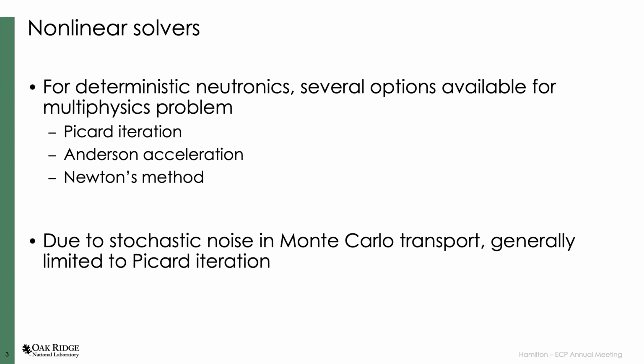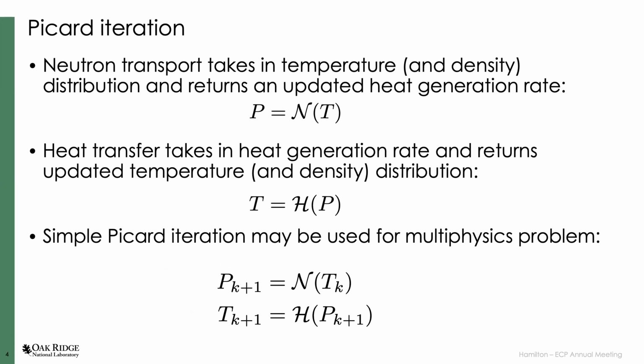So we could do simple fixed point iteration, Picard, we can do Anderson acceleration, we could even do something like Newton's method. Some studies in the past have done JFNK on these coupled systems. But due to the stochastic noise in the Monte Carlo transport, we're really, for the most part, limited to just doing Picard iteration.